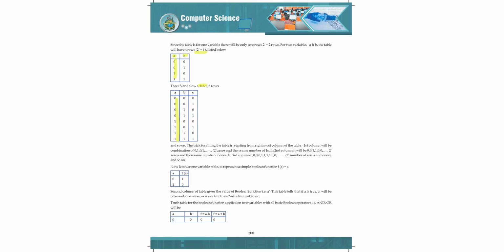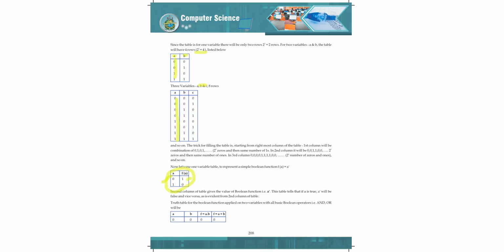First we will use the one variable table to represent any Boolean function. If I ask which one is the unary operator? Yes, the unary operator is the NOT operator. In that you want a single input. If the input is 0, the output will be 1.